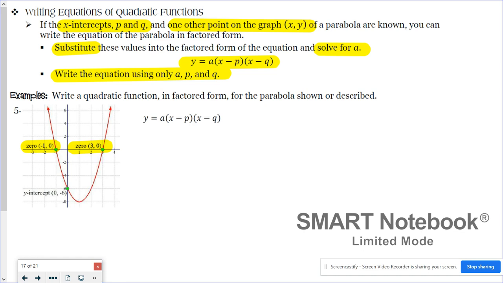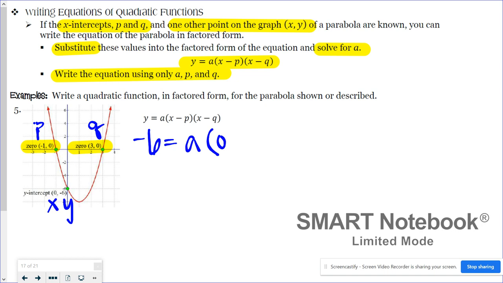So as I've already mentioned, our two x-intercepts are the p's and q's. So p is -1 and q is 3. And then this other point, the y-intercept that they've given us, that's our x and y. So x is 0 and y is -6. So I'm going to substitute those into my factored form. So I'm going to have y, which is -6, is equal to a, don't know, times the quantity of x minus p.